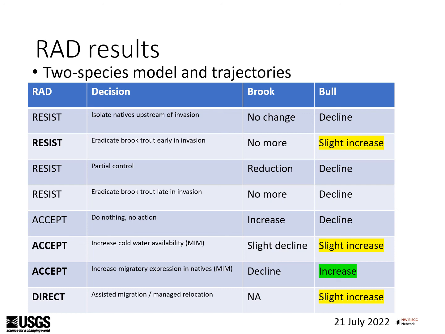The migratory expression one worked particularly well, resulting in a fairly significant increase in the population of bull trout, and not much of a change in brook trout, although there was a noticeable decline in the migratory option. For direct, that could work as well based on these model trajectories, and we observed a slight increase in numbers of bull trout over time as a result of implementing that decision.